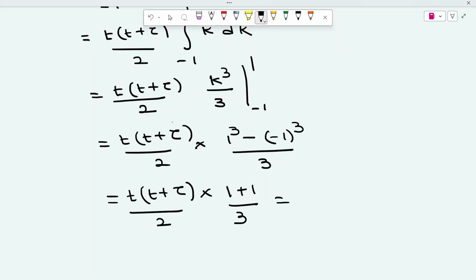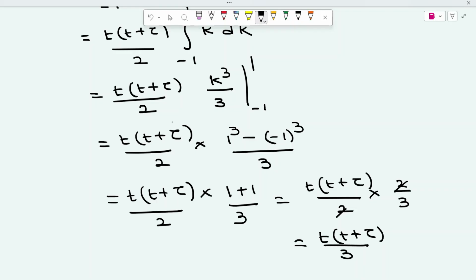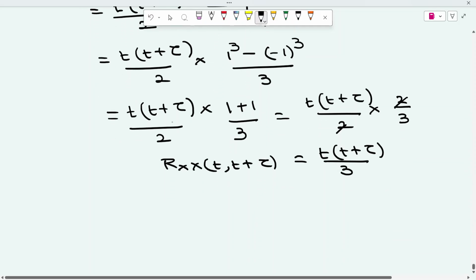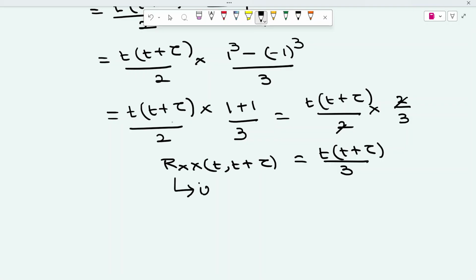So this is equal to t into t plus tau by 2 into 2 by 3. The 2 will get cancelled, so it is t into t plus tau by 3. So Rxx of t comma t plus tau is equal to t into t plus tau by 3. Observe, this autocorrelation function is a function of t also.